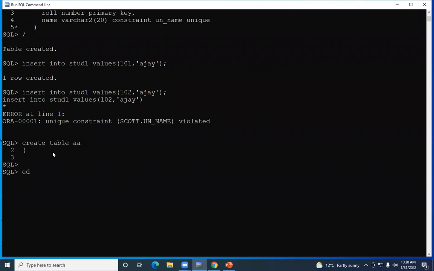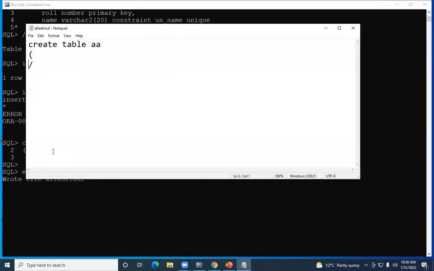Create table AA, and then I can pick up some roll, put it as primary key. Then I can put up the marks number. Then I can put a constraint here, check the condition here: marks is less than 100. So this is my check constraint, right?